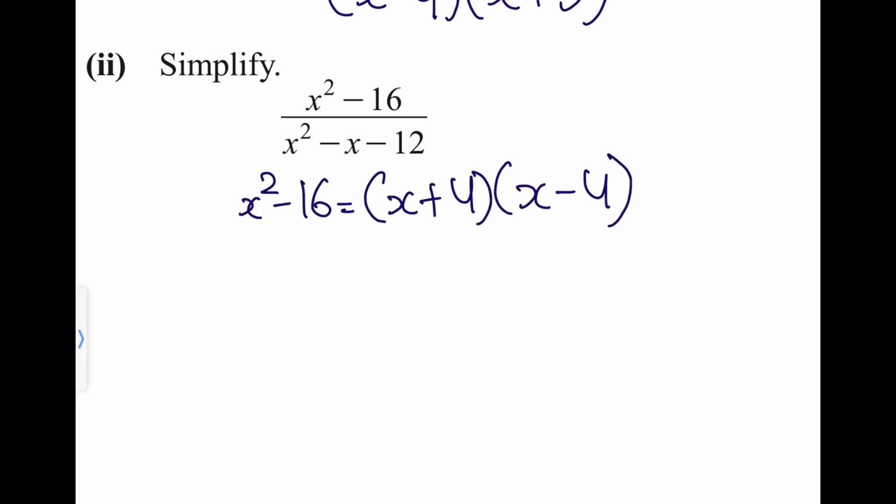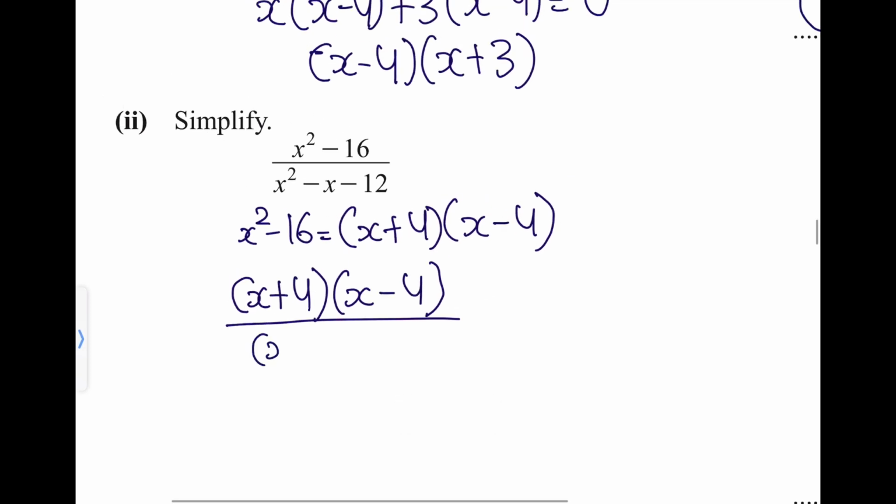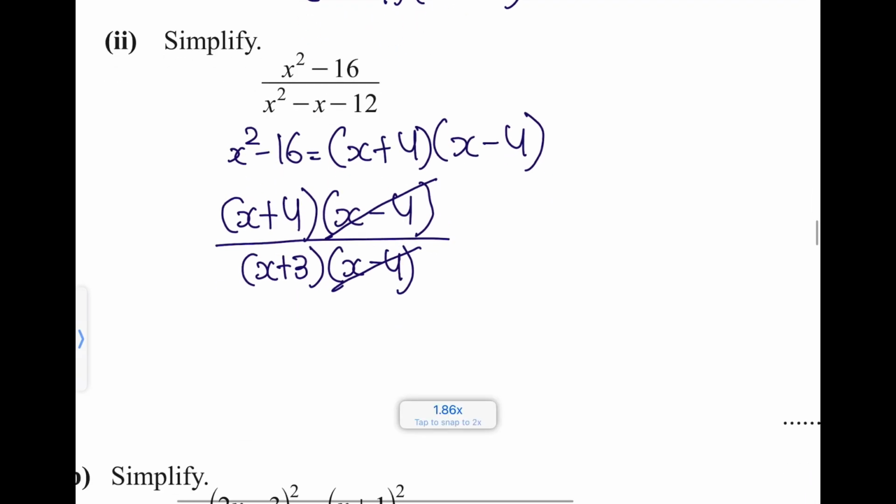Let's say when this was 9, you could say 3 and negative 3. So now we just write it this way: (x plus 4)(x minus 4) divided by (x plus 3)(x minus 4). So you can cancel these out, and you get x plus 4 over x plus 3.